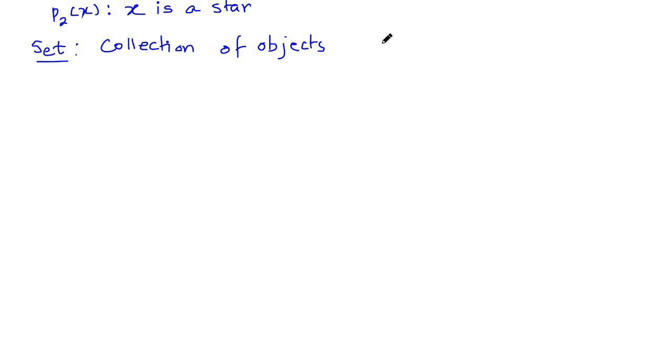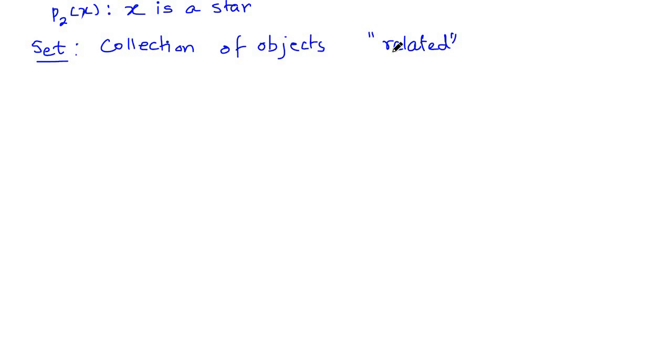So useful sets have related objects. How are they related? They are related because of that problem, because that problem actually utilizes all those objects. So sometimes people also say that a set is a collection of related objects.